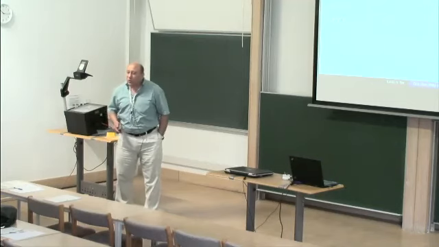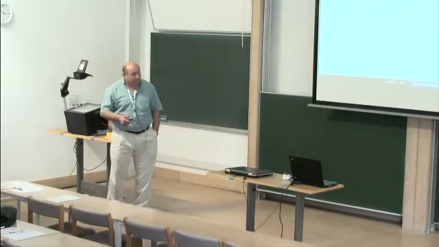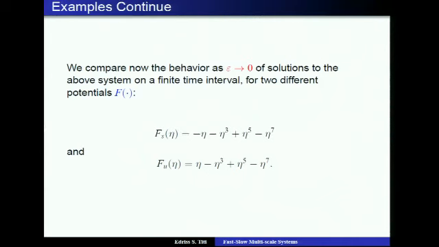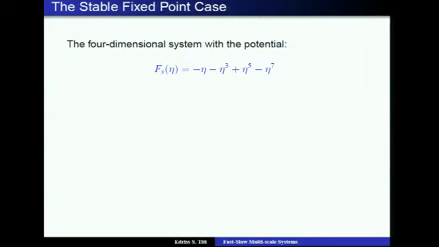So I'm going to consider two different potentials. The first potential f_s, where s stands for stable, and f_u, where u is for unstable. Okay? So notice the difference between the two potentials is exactly this sign, minus eta and plus eta. Very simple example. So in the stable case, I follow exactly what I mentioned here.